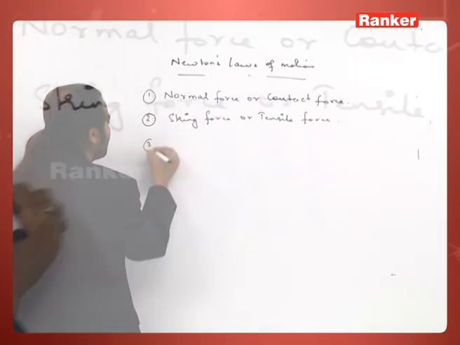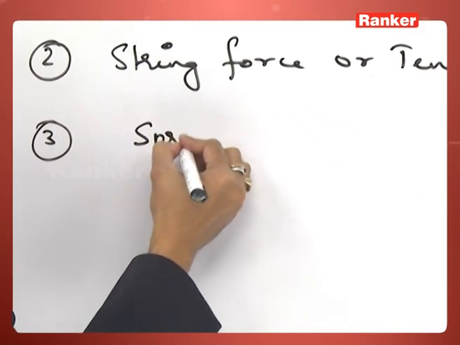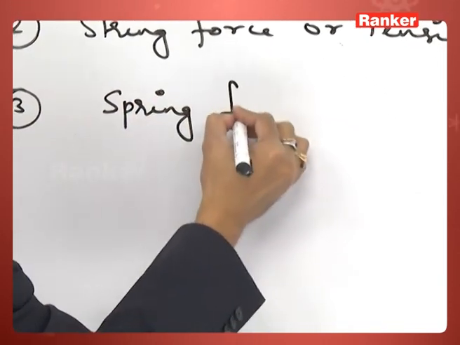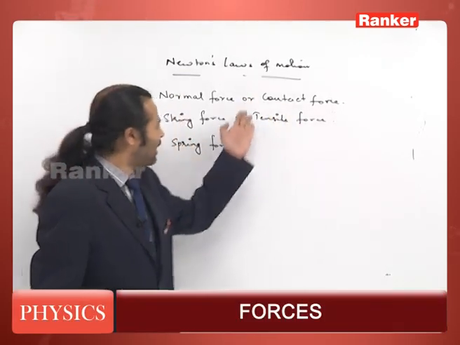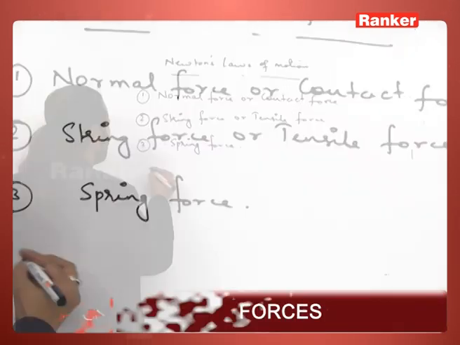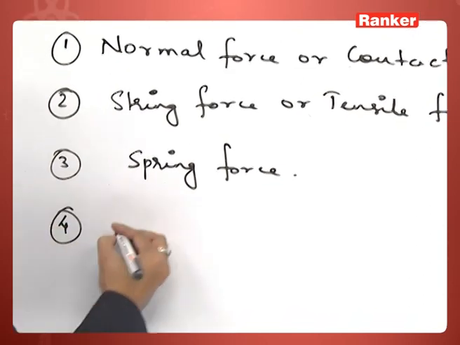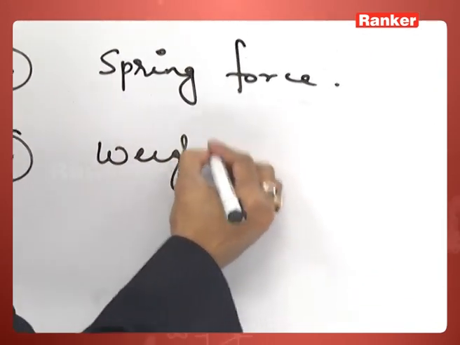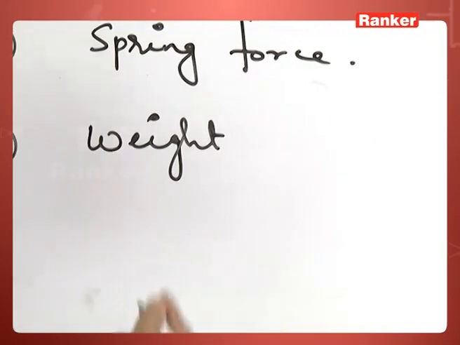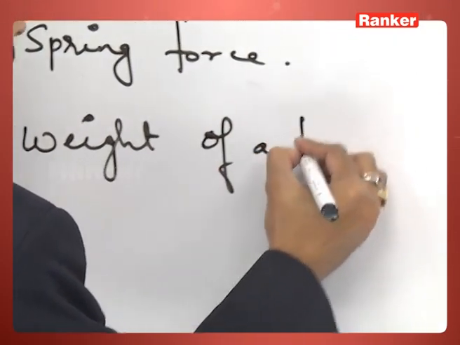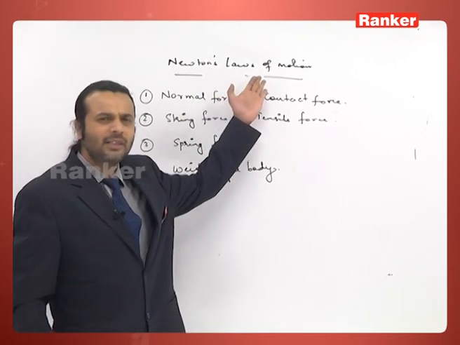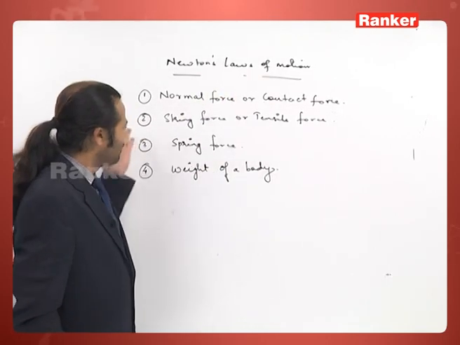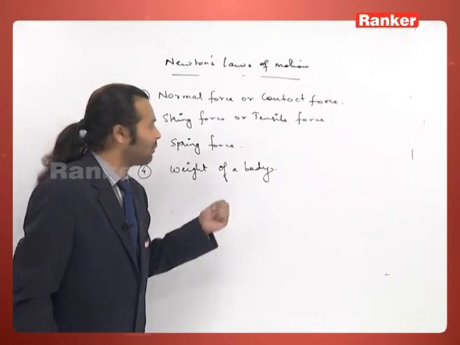And number three, spring force, which we will now discuss. Basically three kinds of forces, and we will have another force called the weight of a body. Now we will analyze all these kinds of forces in a very simple way.